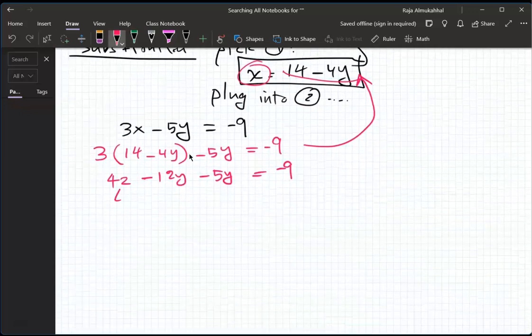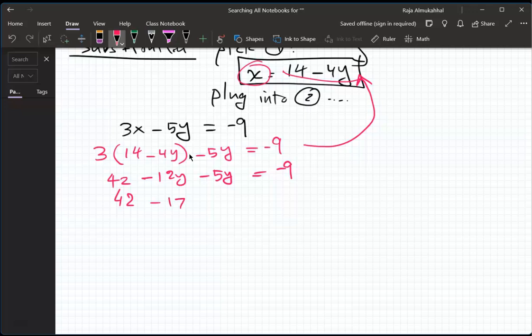And so I have here 42 minus 17y equals -9. And then remember, I am solving for y, so I can move this 42 to the other side, so -17y equals -9 minus 42. So minus 17y equals, what is that, 51? Minus 51.